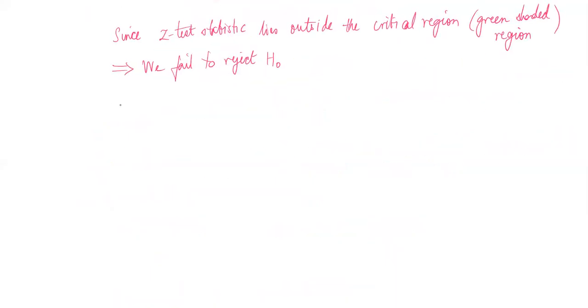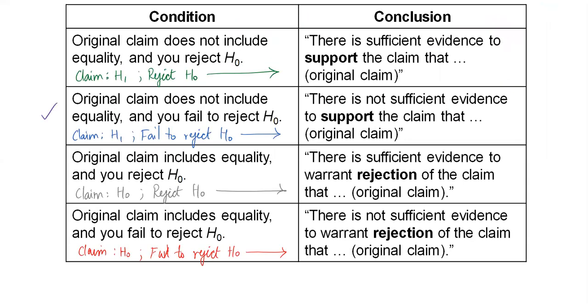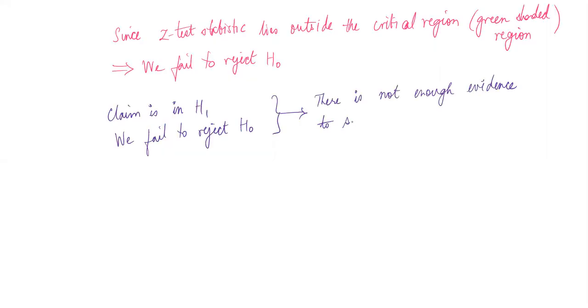So to answer part D, I say the claim is in H1 and we fail to reject H0. These two conditions together tell us that there is not enough evidence to support the claim, because for the other one it would have said to warrant rejection. Here you have to say to support the claim.